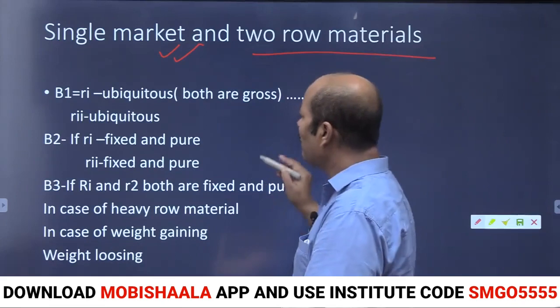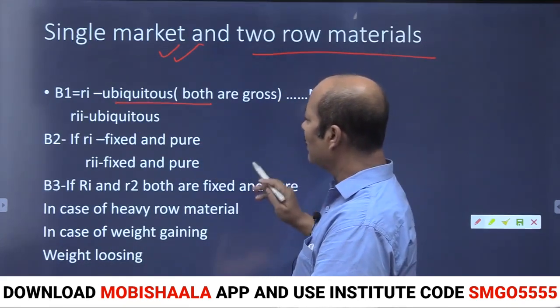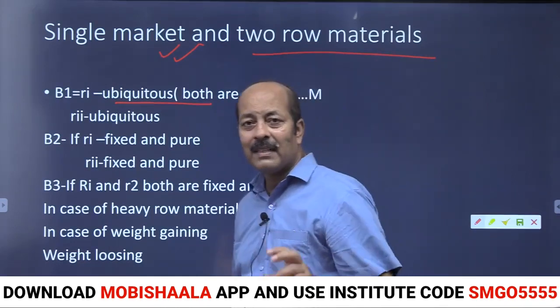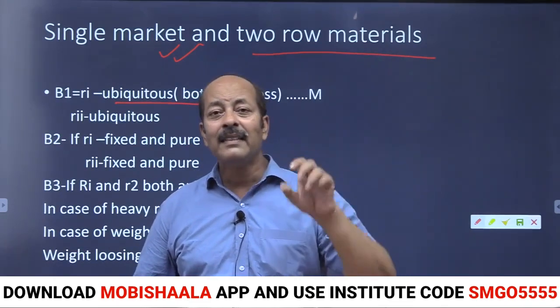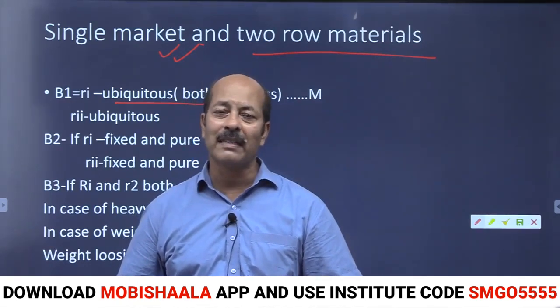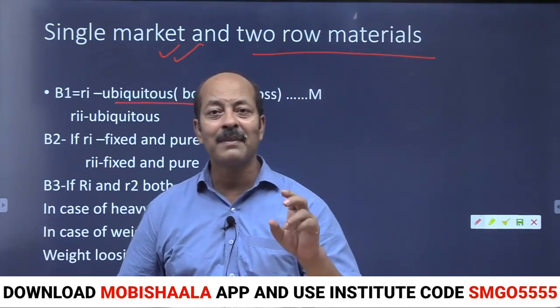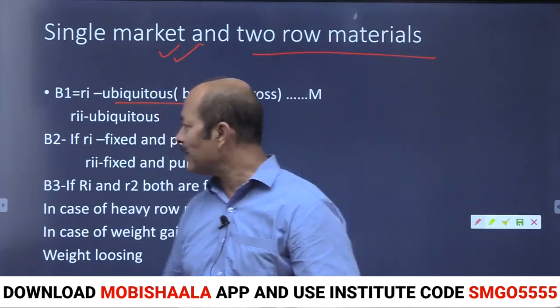So suppose you have a ubiquitous raw material. Again, you have two ubiquitous raw materials. Then in that case also, the industry will be located close to the market area, because the raw material is everywhere. Then the industry will be close to the market area.